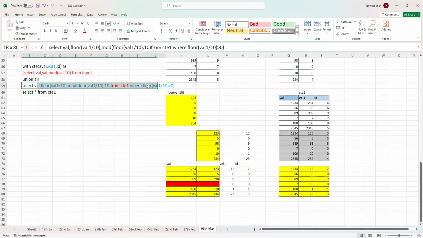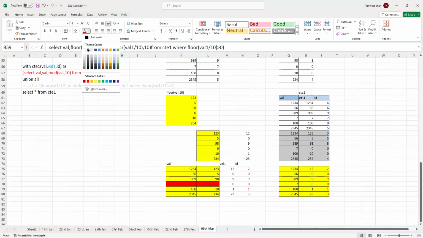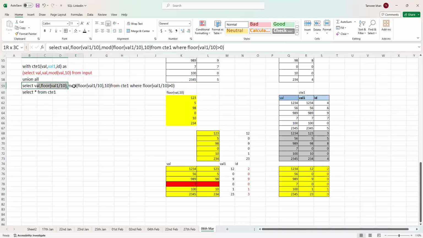This is the main culprit, because it is getting executed again and again until this condition becomes true. Now again, this query will be executed. Can anyone tell me what is special about this query that it is getting executed again and again? CTE1. It is calling itself.